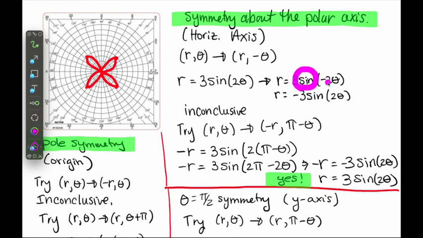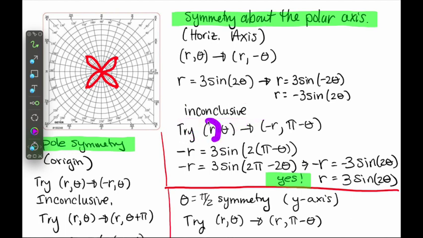Because sine is an odd function, I can take this negative and throw it out in front of the 3. Because this doesn't give me the same equation back, this test is inconclusive. It didn't tell me anything. So let's try the other test.